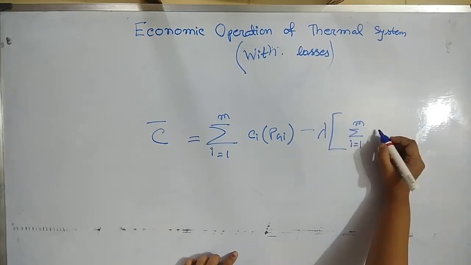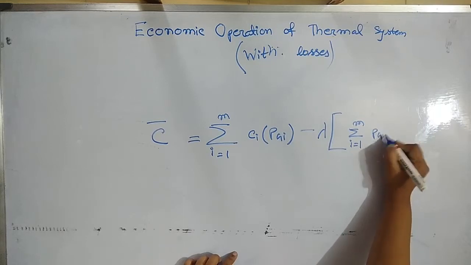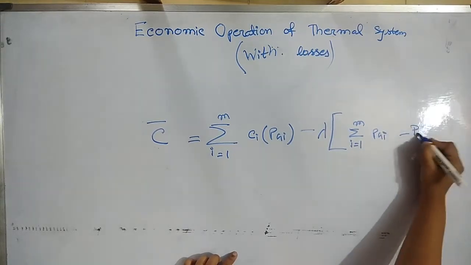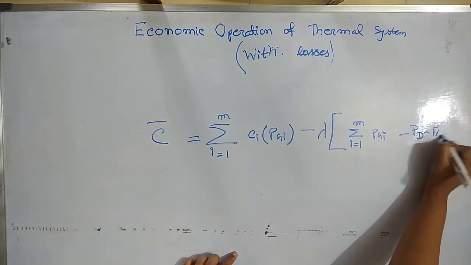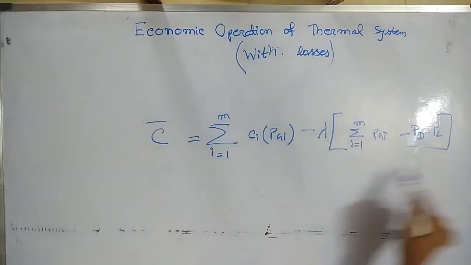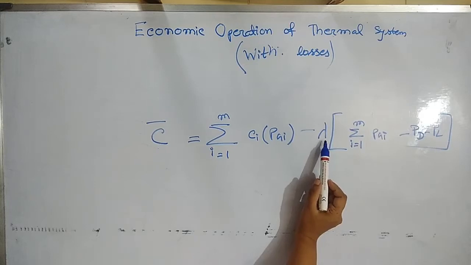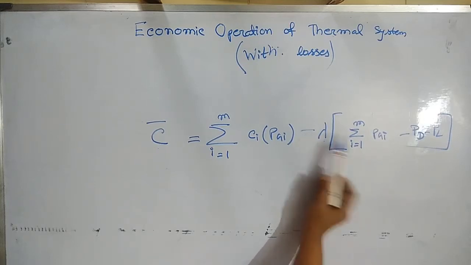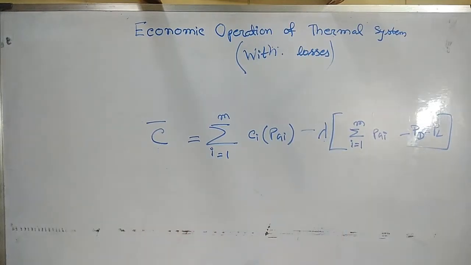The constraint function is summation PGi minus PD minus PL. So this is our total cost and this is the constraint function. We multiply it by the Lagrangian multiplier, and this equation is the Lagrangian function.